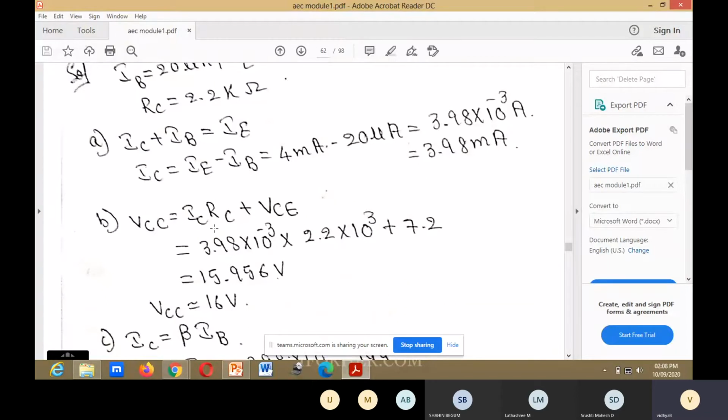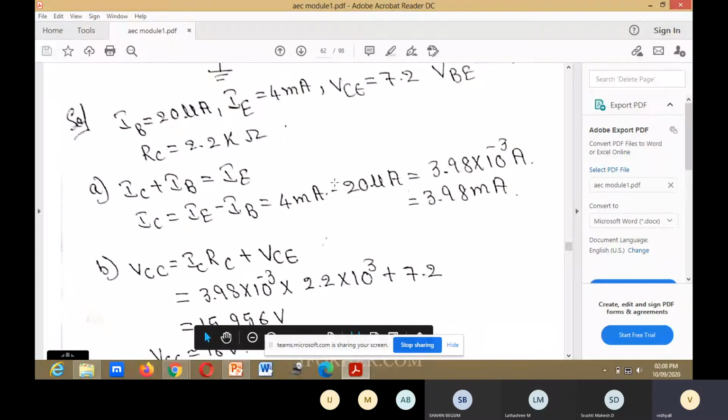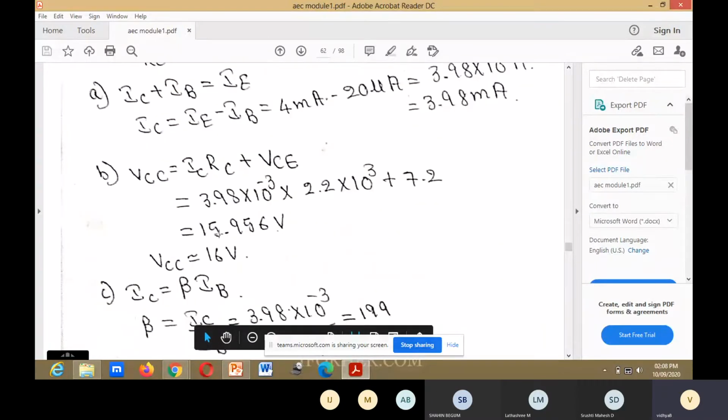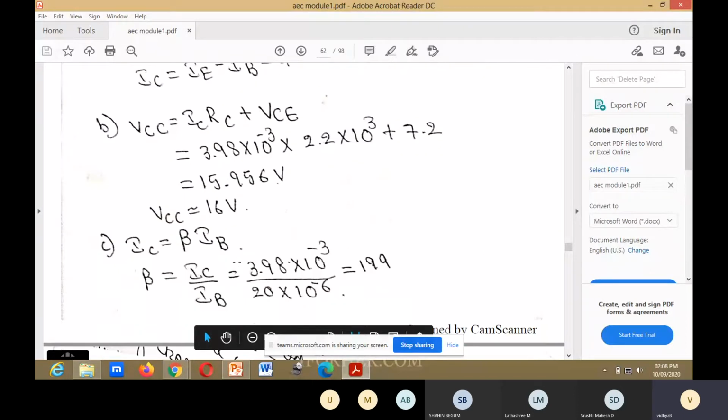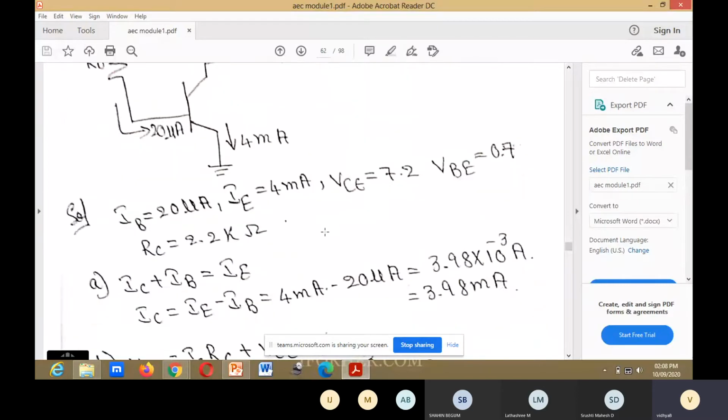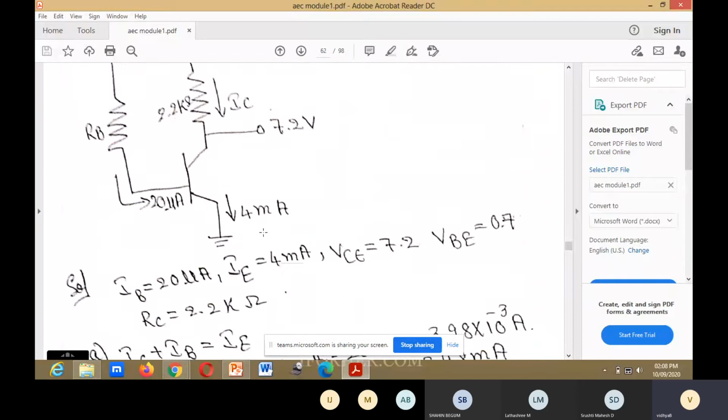We know the value of IC, RC value is 2.2 into 10 to the power of 3, and VCE value is 7.2. Substitute, and you will get 15.956 volt. VCC is almost equal to 16 volt. What about IC is equal to beta into IB? They have asked to find out beta also.